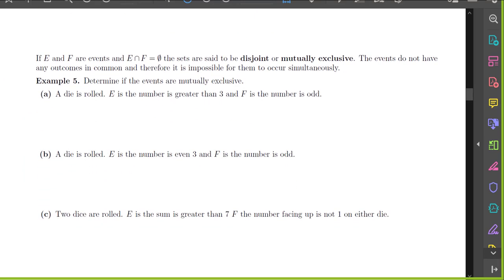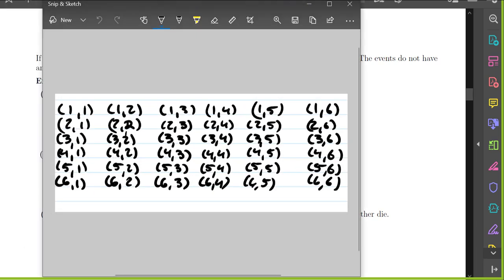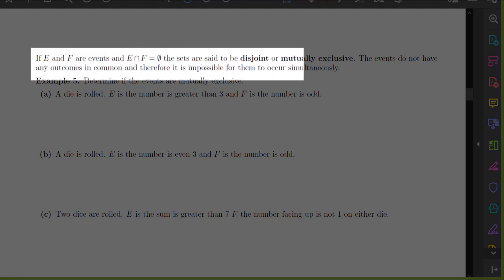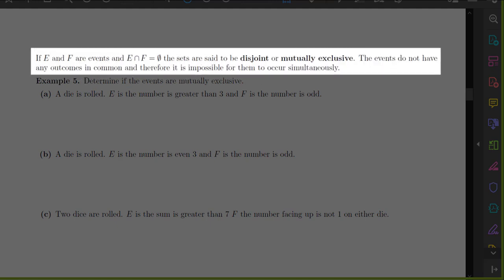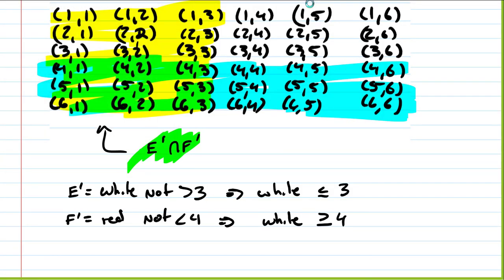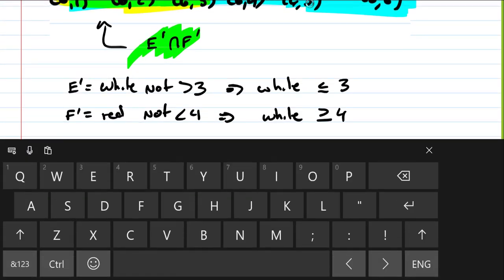If E and F are events and E intersect F is the empty set, the sets are said to be disjoint or mutually exclusive. The events do not have any outcomes in common, and therefore it is impossible for them to occur simultaneously.